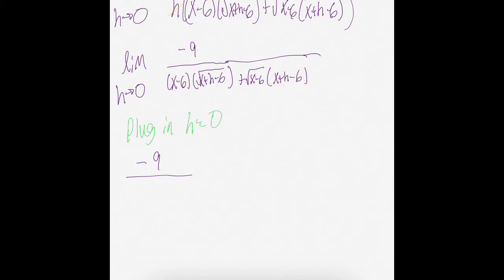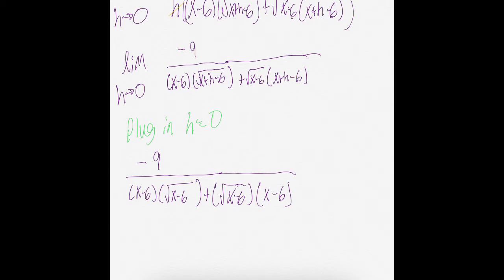Then I'm going to get negative 9 over x minus 6, and then that just becomes a root x minus 6. If h is 0, that's just square root of x minus 6, plus root x minus 6, x minus 6.